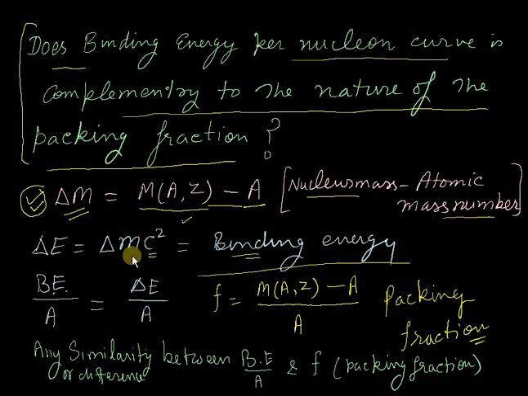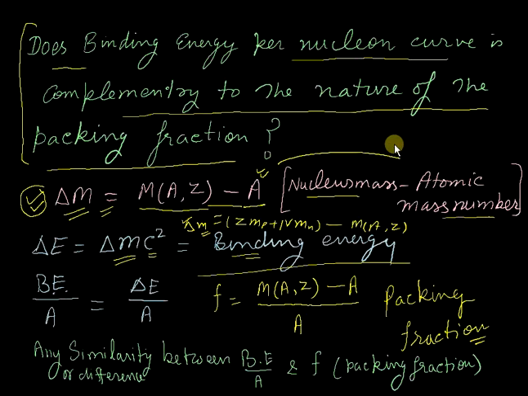Delta E is equal to delta M c squared, where delta M is the difference between the masses of the constituents of the nucleus and the nuclear mass, that is Z M_P plus N M_N minus M(A,Z). So this is the mass defect delta M with respect to the mass number.